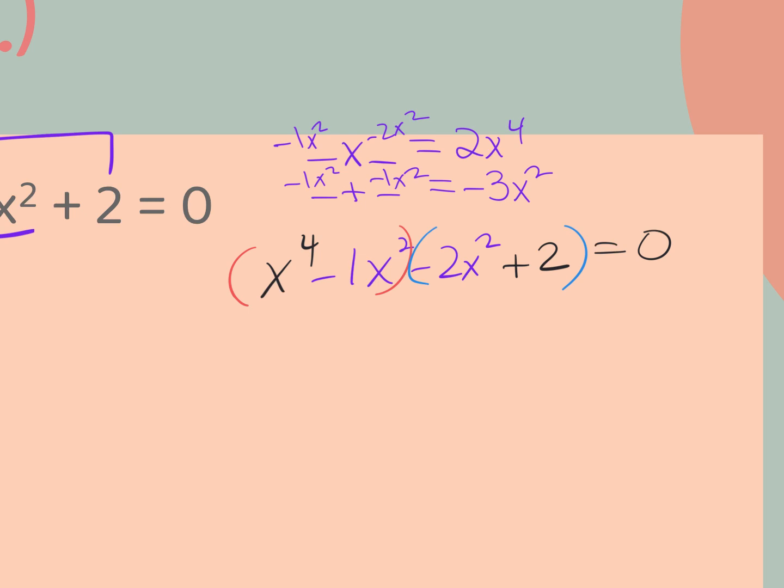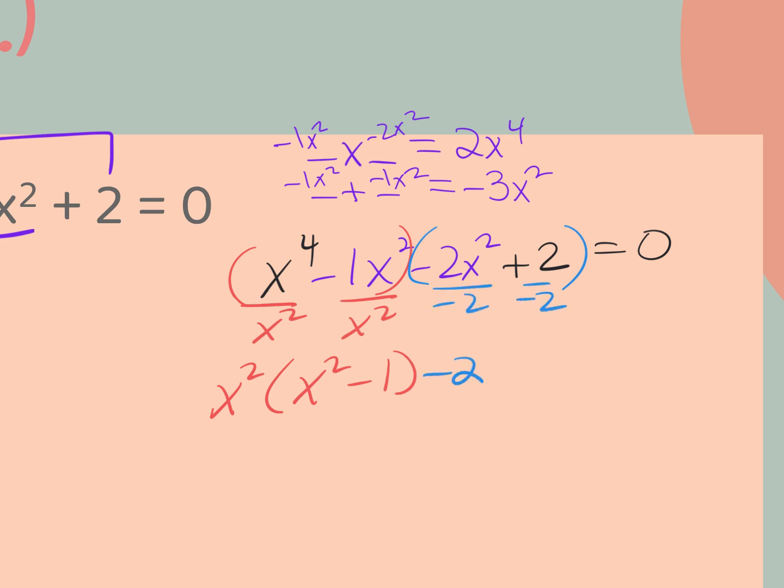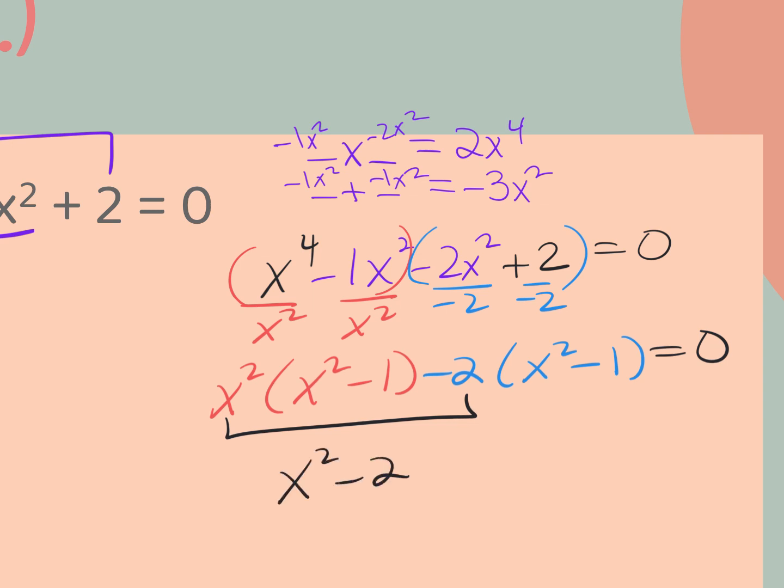And then now GCF of the red group is going to be x squared. So x squared and then x squared minus 1. GCF of blue is going to be negative 2. X squared minus 1. Take these two, put it together, and then the 1 in common. So that gets me my factors.